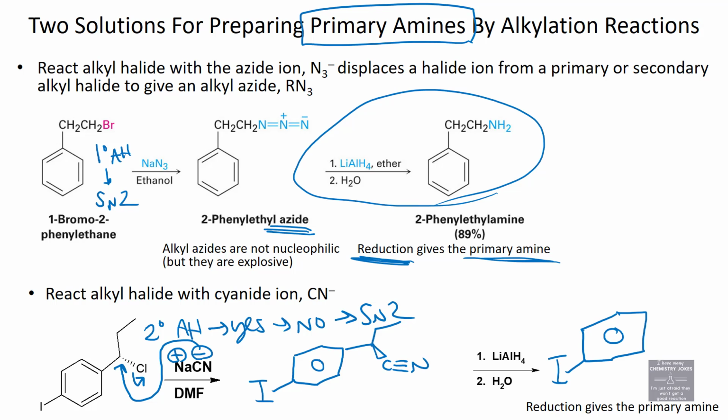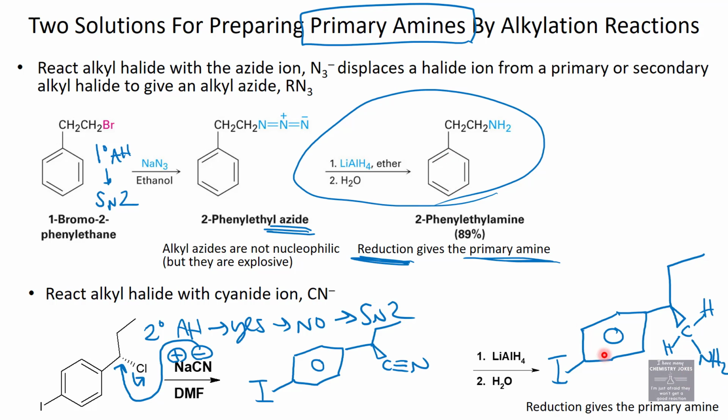The last one got rid of 2 nitrogens and put on 2 hydrogens. This one does not get rid of the carbon. It only adds hydrogens to the carbon and hydrogens to the nitrogen and gets rid of the pi bonds. How the reduction happens, something we will cover later next semester. But this reduction makes me a primary amine.